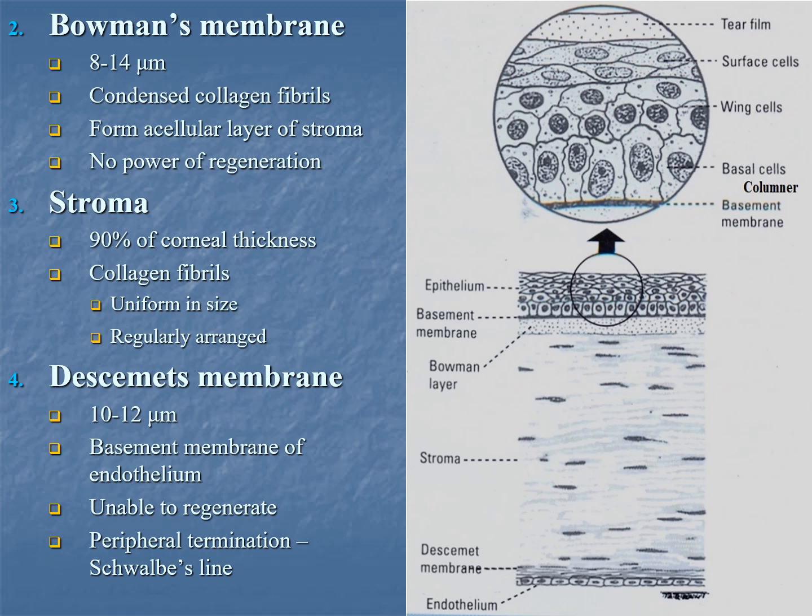The fourth layer is Descemet's membrane. It is about 10 to 12 micrometer thick, and it acts as the basement membrane of the endothelium. This layer is unable to regenerate, and its peripheral termination is called Schwalbe's line, which is visible on gonioscopy when you visualize the angle of the anterior chamber.